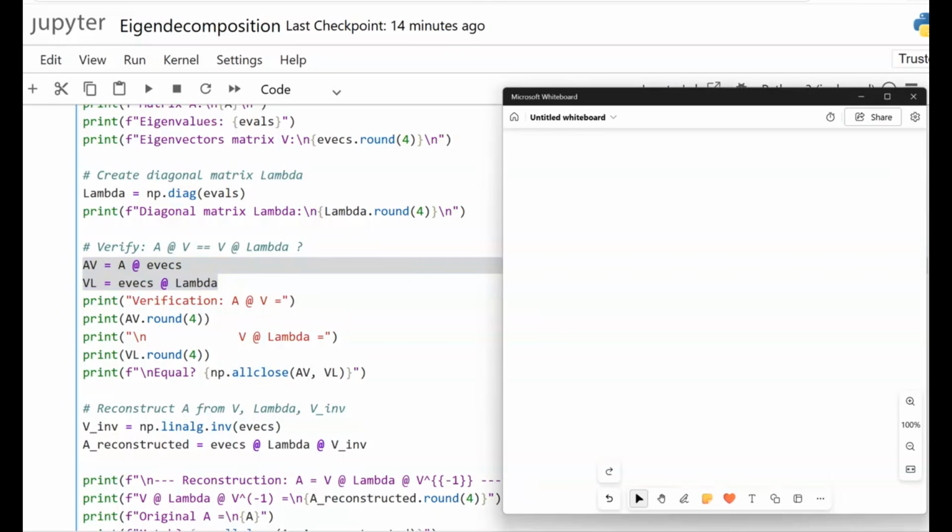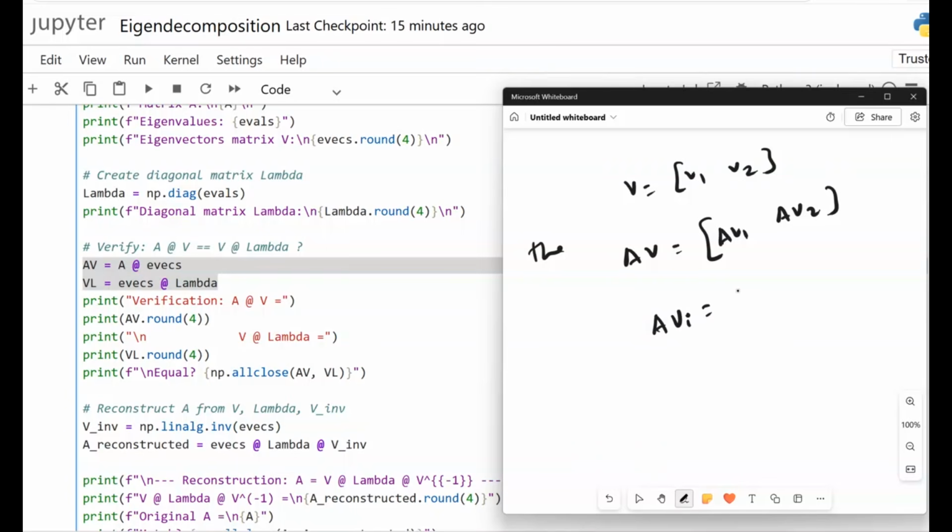So when we do this mathematically, kindly observe, V of course has two vectors, V1 and V2. If we multiply by A, we get A V1 and A V2. Using the eigenvalue property, A V sub i equals lambda sub i multiplied by V sub i. So A V equals lambda 1 V1 and lambda 2 V2.